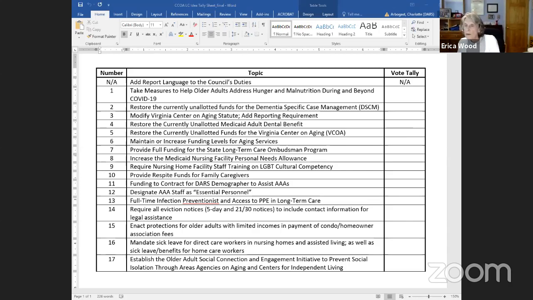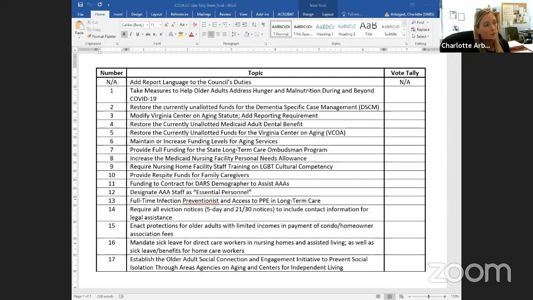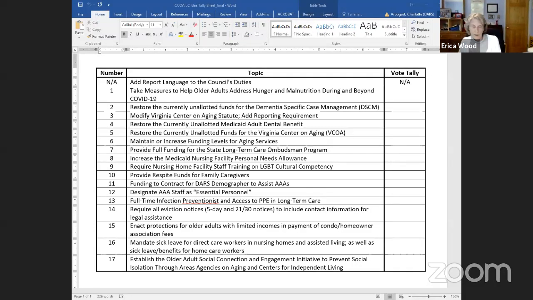So why don't we continue? Yeah, go ahead. Roland, I wonder if you think people might want to weigh things higher or lower based on that information. I don't know. There might be some that people still want to be considered. I think there are lots of considerations for each one of these. And obviously, the special session has different considerations from the 2021 session.